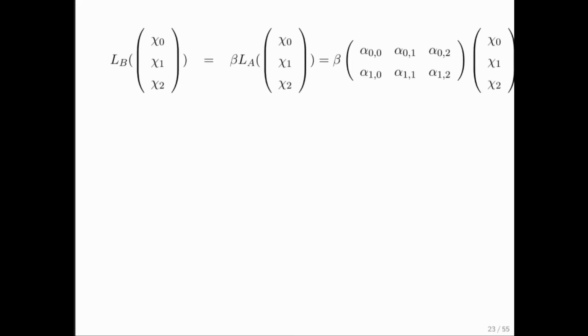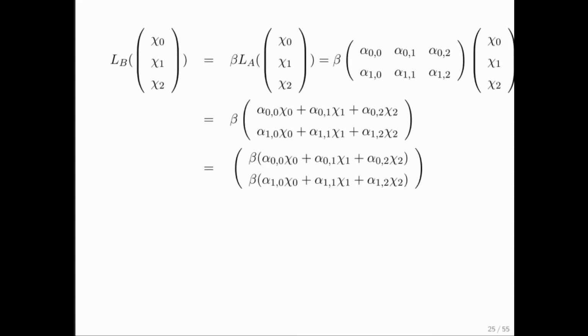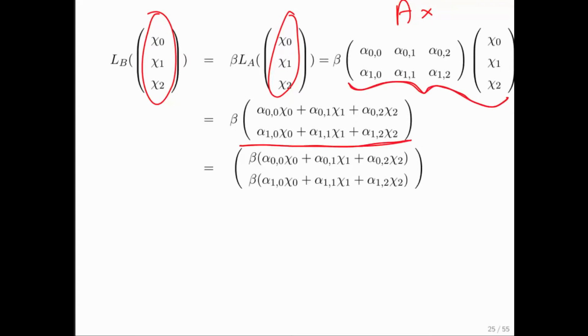Let's see if that matrix actually does represent L sub b. Well, if you work it out, you get this right here, and then that. All we did here was expose the components of x and plug the vector x into L sub a. We know that that's the same as A times x, so we get this. We know how to multiply a matrix times a vector.